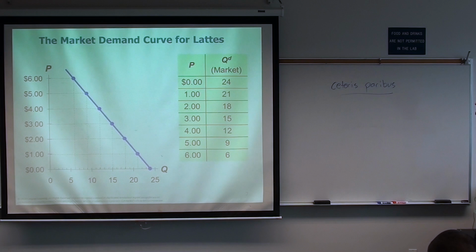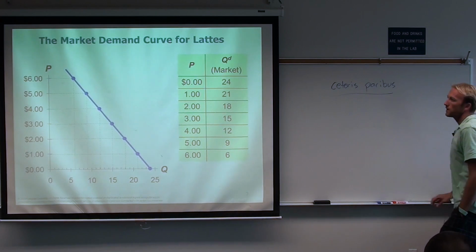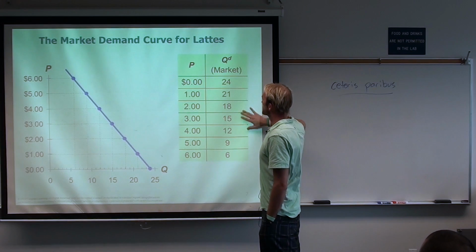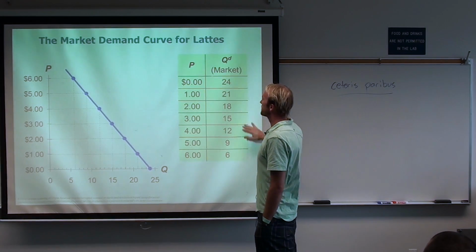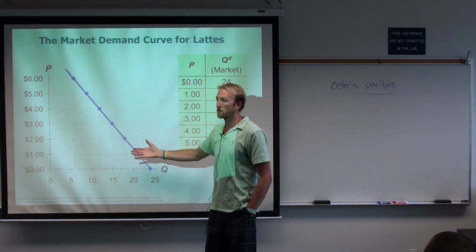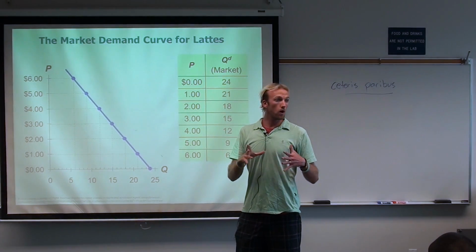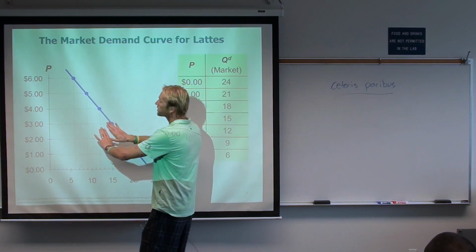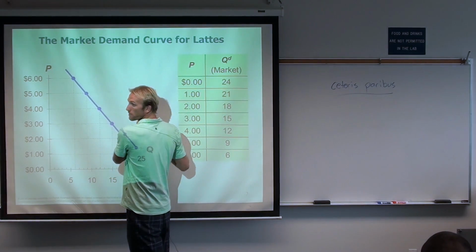Okay? Now, let's go ahead and graph that. It looks like this right here, where I have just taken this market demand schedule and transferred it into a market demand curve. Now, if you have two demand curves, what you'll do is you'll horizontally add them, right?